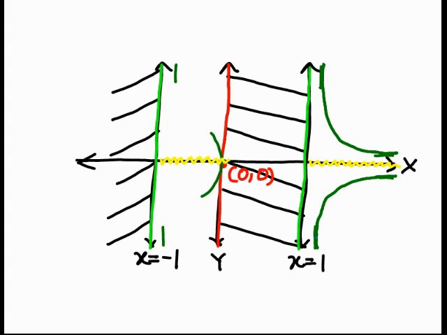Similarly at 0, 0 we get this, as it is symmetric about x. So this is how we get the required curve.